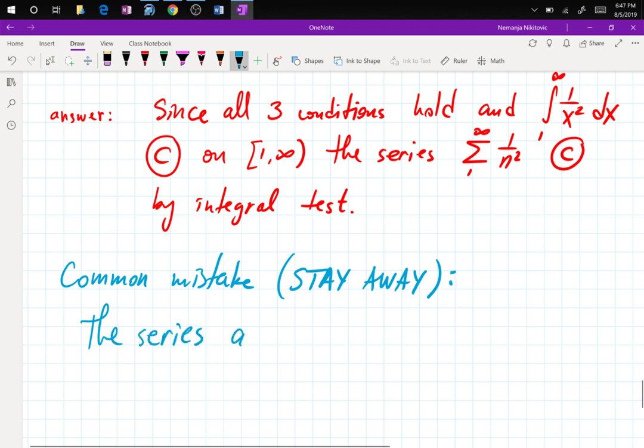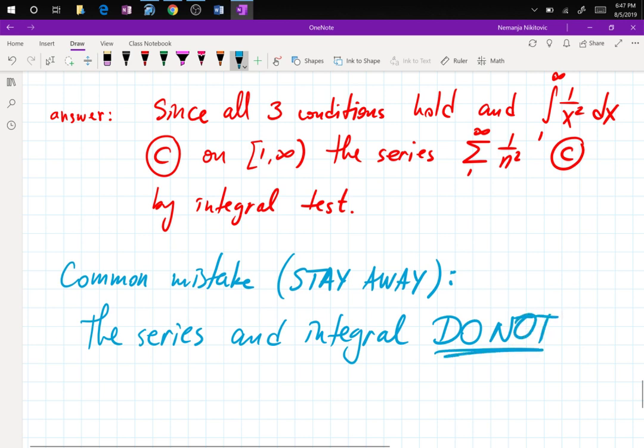The series and integral do not converge to the same number. Your integral converges to 1. The series doesn't converge to 1.